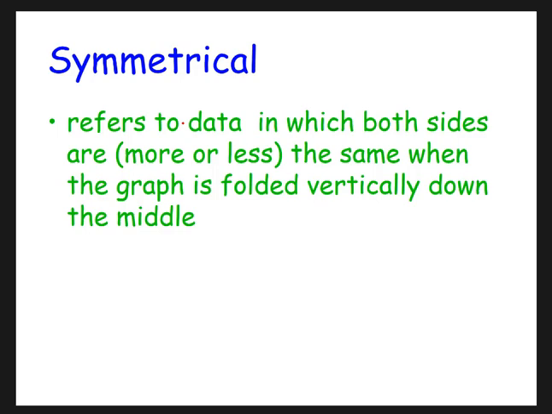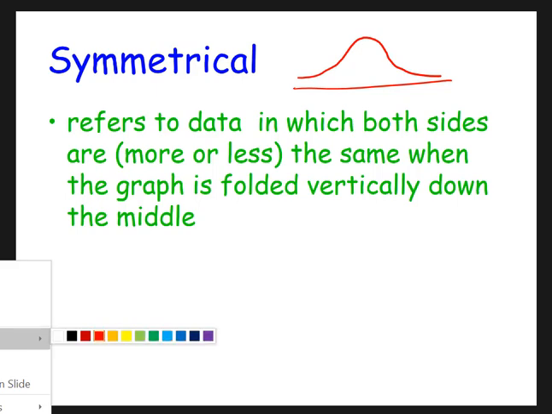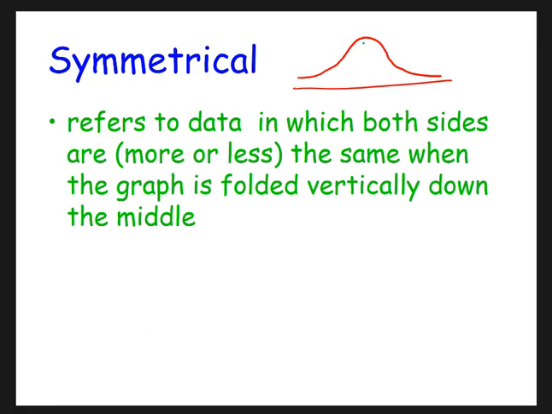Symmetrical data refers to data in which both sides are more or less the same shape. So if I have my bell curve like that, not a great artist, but I think that'll work. If I cut it down the middle, take this shape here and flip it over, it should fit right on top of that shape there.